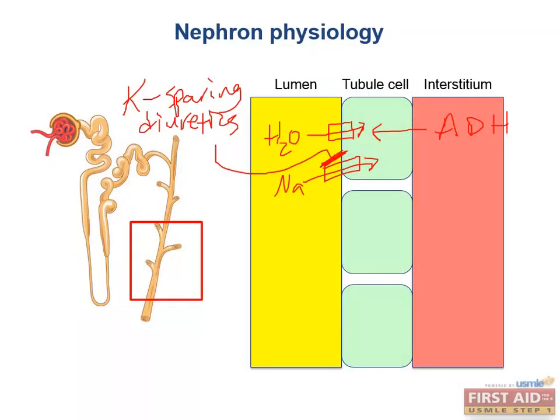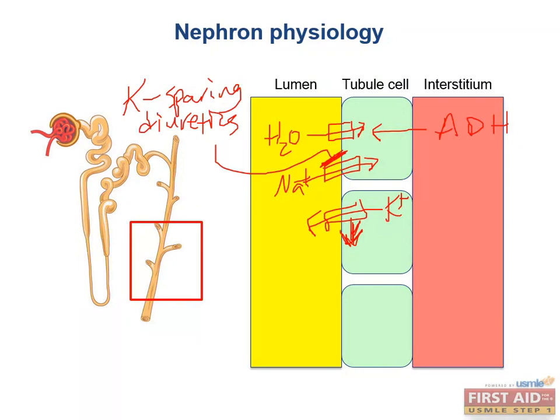Now, why will there be less potassium loss? Why would this be less? The presence of the positively charged sodium ions in the filtrate: because the sodium channel is being blocked by the potassium-sparing diuretics, the sodium ions stay in the filtrate.